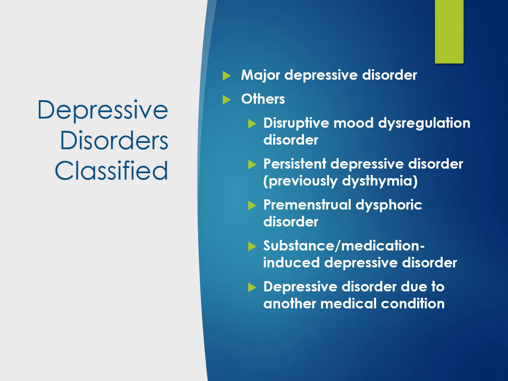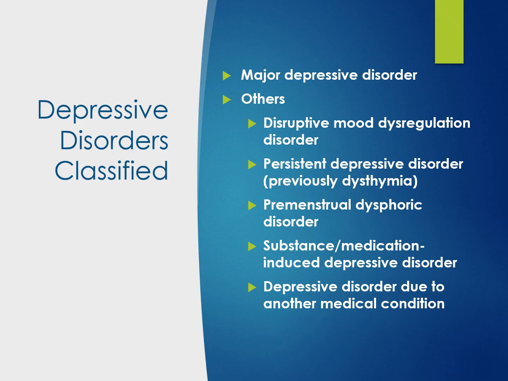There are several types of depressive disorders that we're going to talk about. Depression is not just one condition, it's several types. Some of these are major depressive disorder, the most common and most severe form. Disruptive mood dysregulation disorder, seen in children with severe irritability and anger.